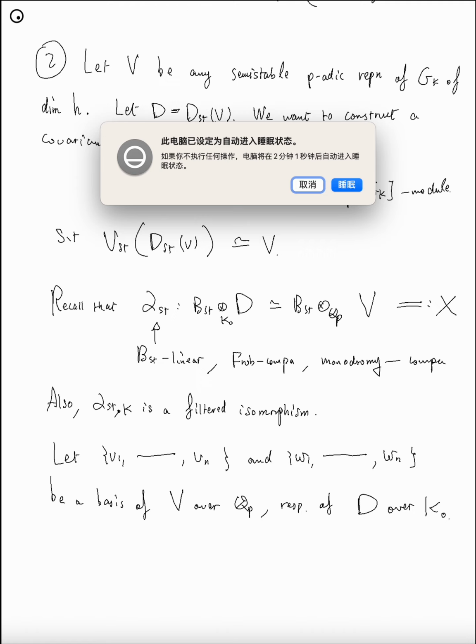So why not write filtered phi module over K_0 then? Wow, we write filtered phi module over K. Why not denote it over K_0?